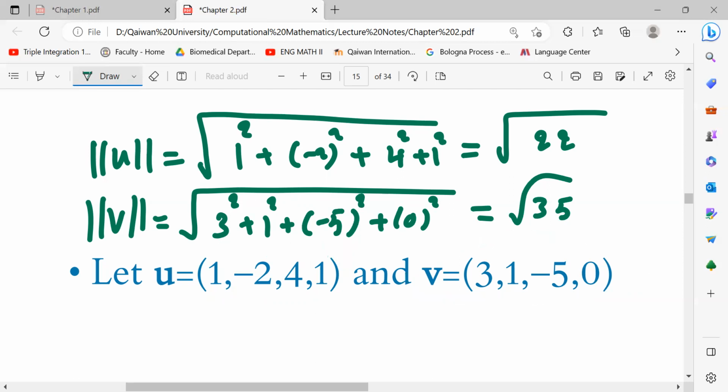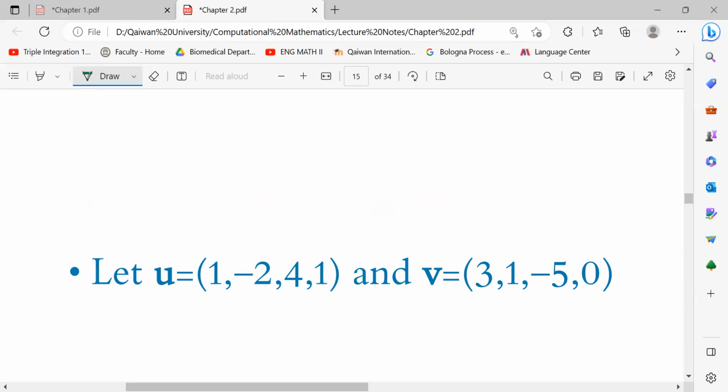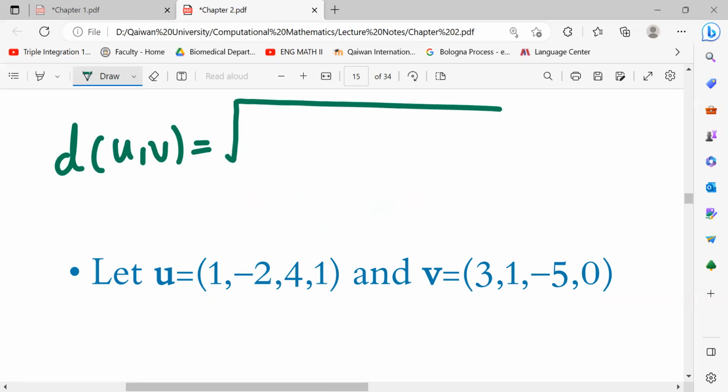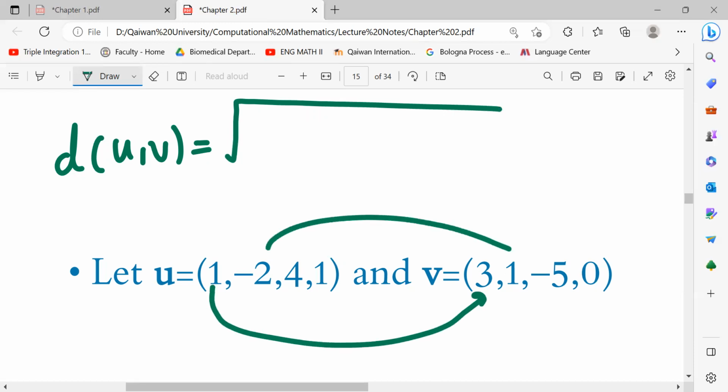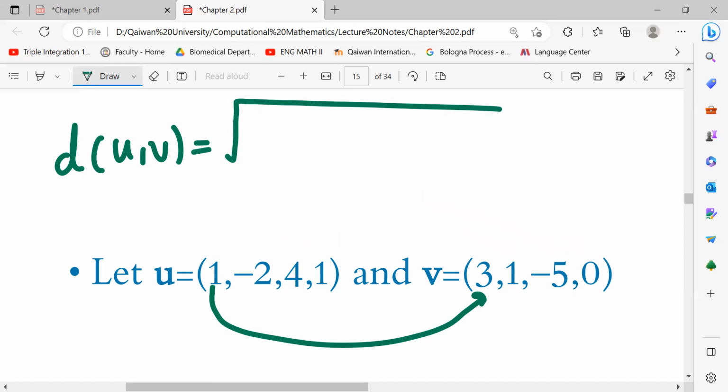That's it. Now, to find the distance of u and v. The distance d of u and v is what? It's the square root of u minus v squared. What's the first one? 1 minus 3 squared.